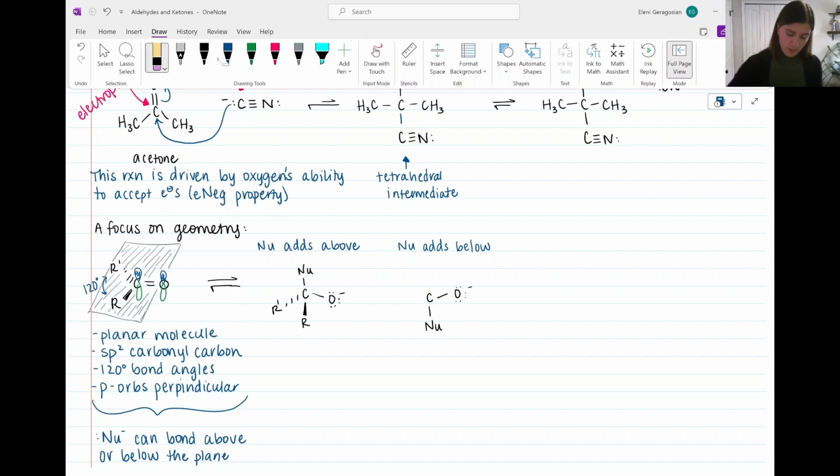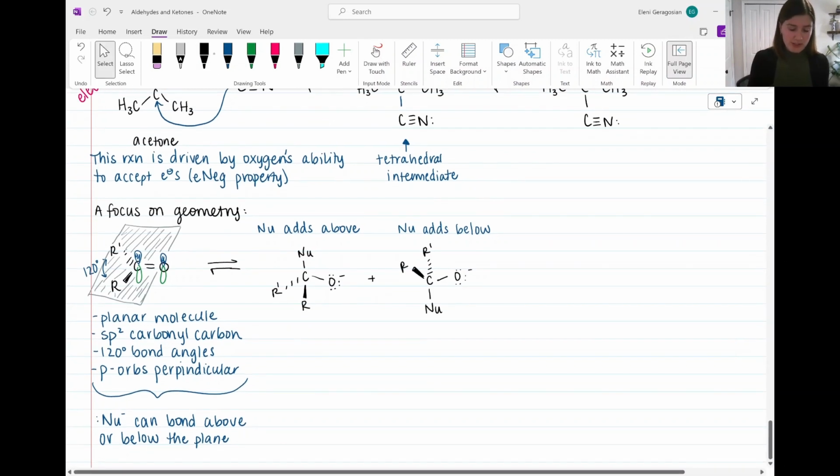But now they're pointed in a different orientation relative to the other groups. So we have R and R prime. So these are both possible intermediates, both will form. These have different stereochemistry, so we get both stereocenters as products.